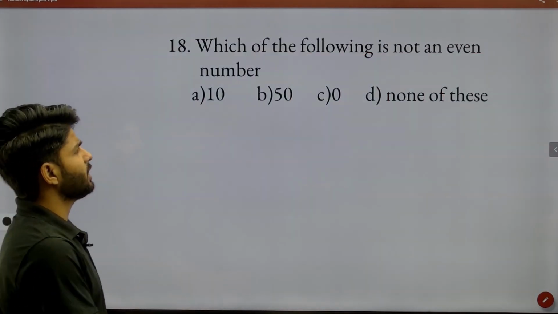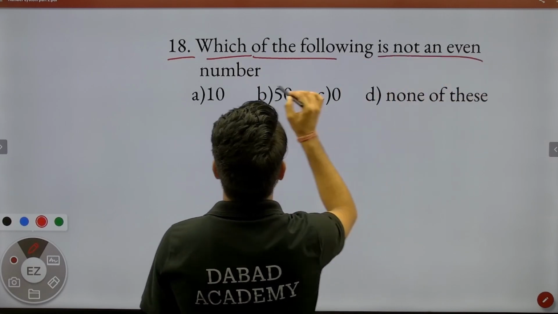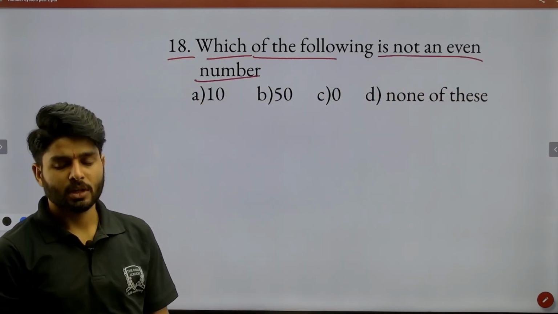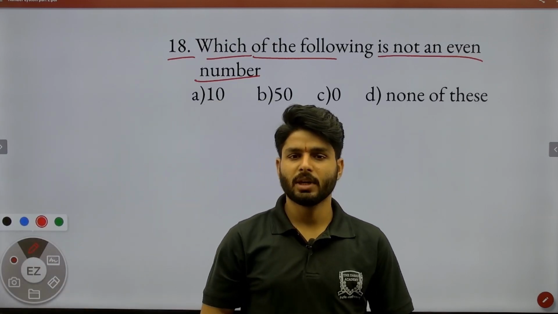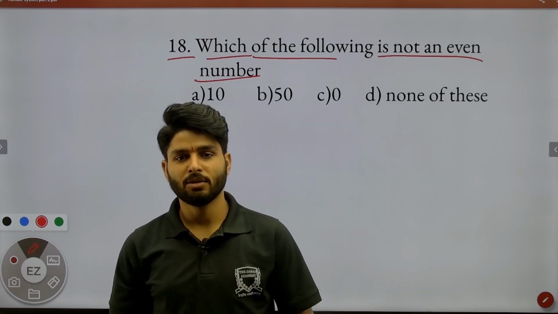The next question is question number 18. Which of the following is not an even number? So first we have to know what is an even number. Even numbers are those numbers which are divisible by 2, and we have already discussed the divisibility rule of 2.